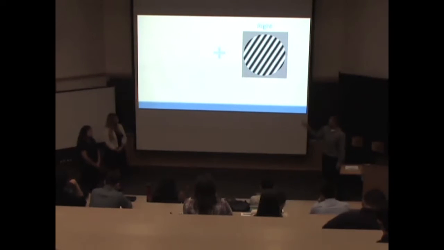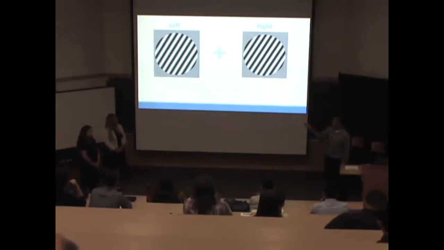So this is how the experiment works. We have the subjects come in, they sit in front of a computer screen, and they perceive this plus sign in the middle, which is known as the fixation point. That is the point where the subjects will concentrate their focus throughout the experiment.